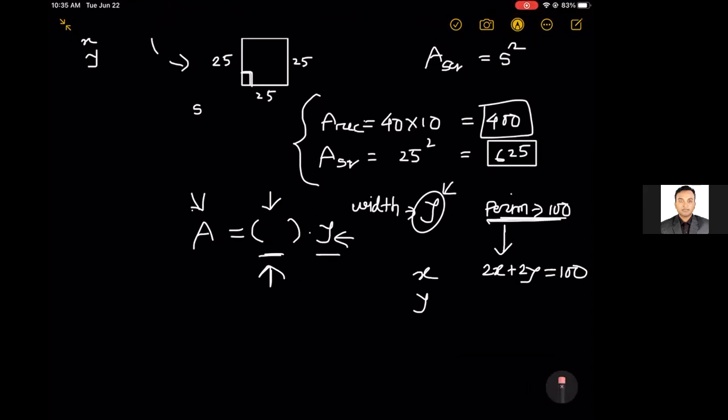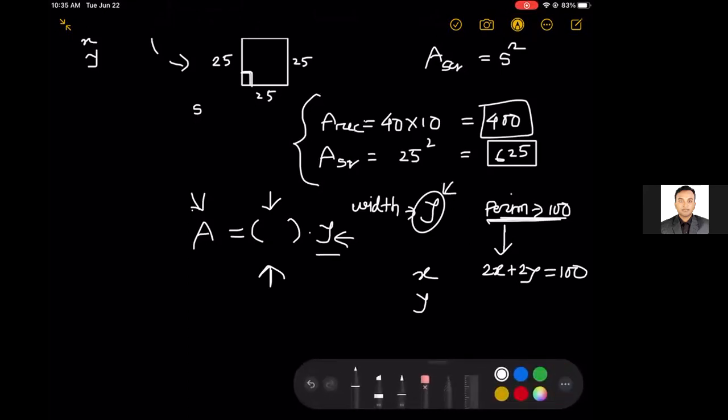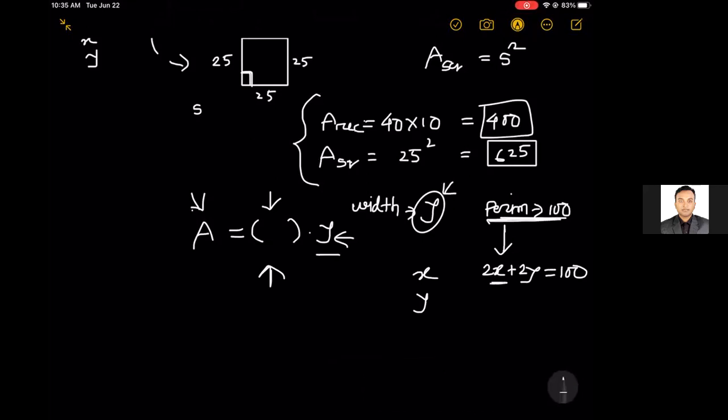The thing here is, since I'm trying to replace this x by some values of y, all I need to do is find the value of x in terms of y from this equation. That's it. So it will be 2x equals 100 minus 2y.